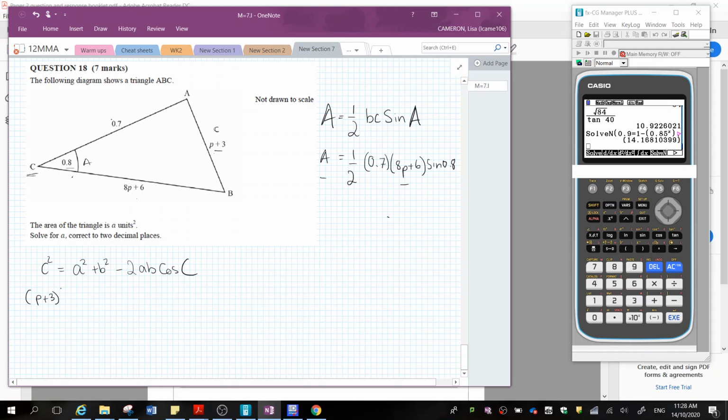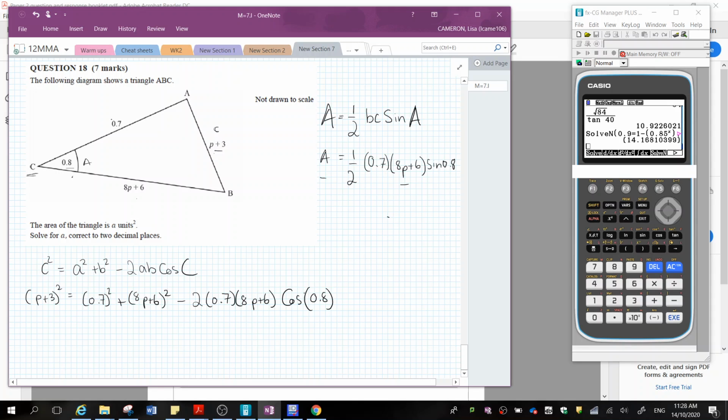Remember, a and b are interchangeable in this case. Doesn't matter which one you put first. Does matter that you separate them with a plus sign though. (8p plus 6) squared minus 2 times 0.7 times (8p plus 6) cos 0.8. Now, your calculator will need to be in degrees for this.